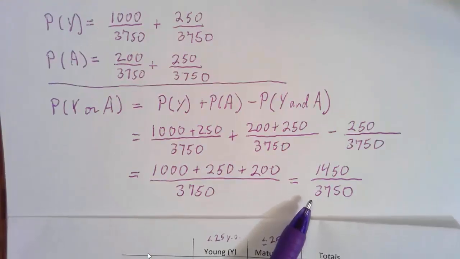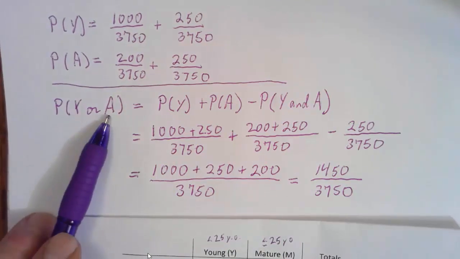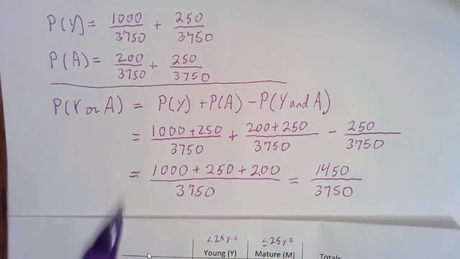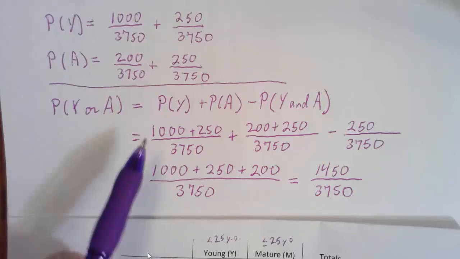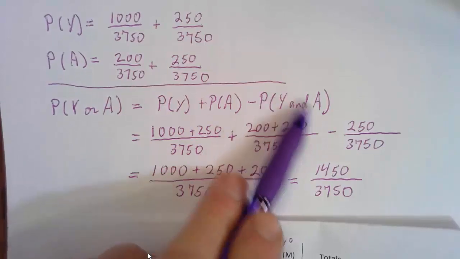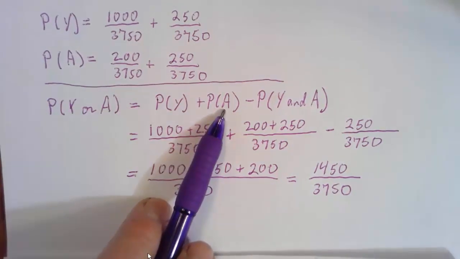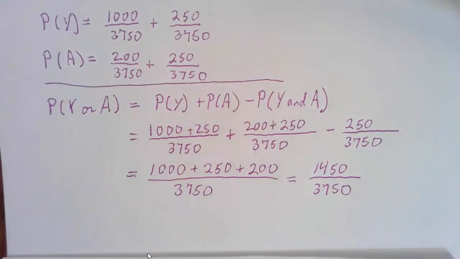There is the sum that represents the probability of young or accident, and it comes from the marginal distributions, young and accident, minus the one cell on which they overlap. Add the two simple probabilities, subtract off the intersection.